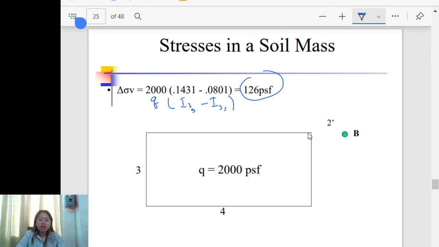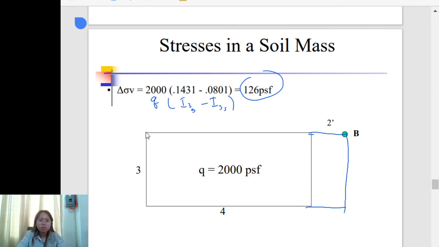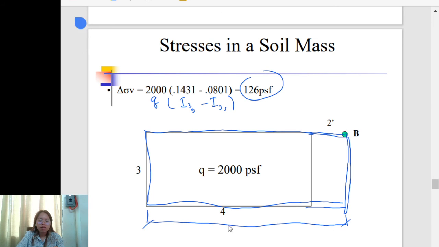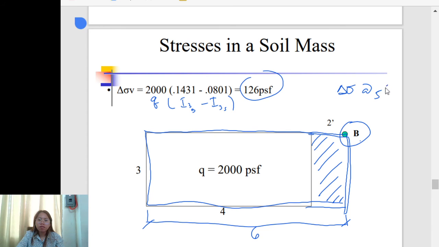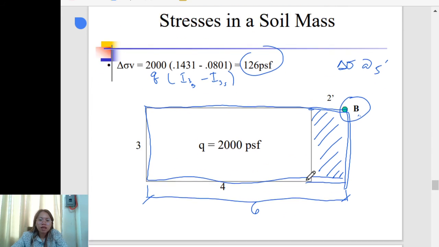Since this is a corner, you consider this big area here, which is 6, minus this area, because we are asked to determine the change of stress at 5 feet below B.